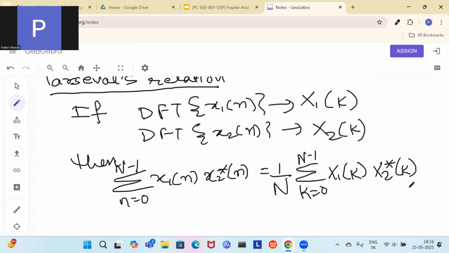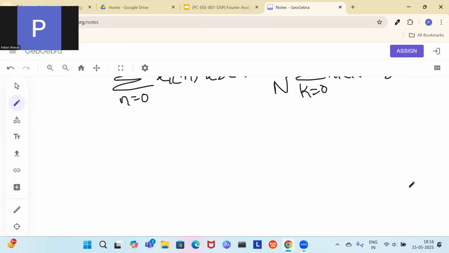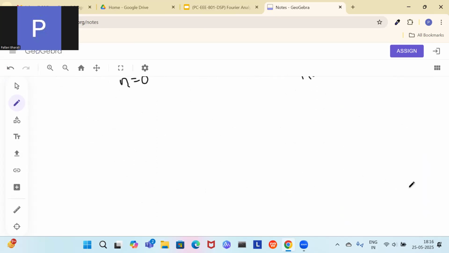So now what we are going to do is start from the right hand side. So we are starting the proof from the RHS.